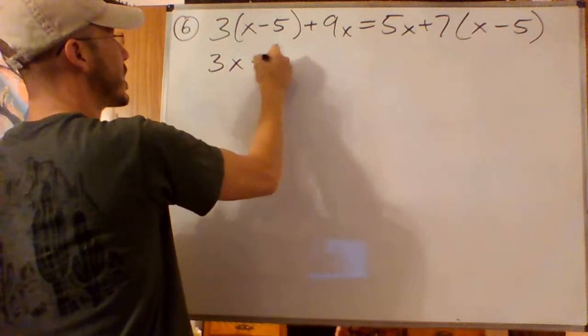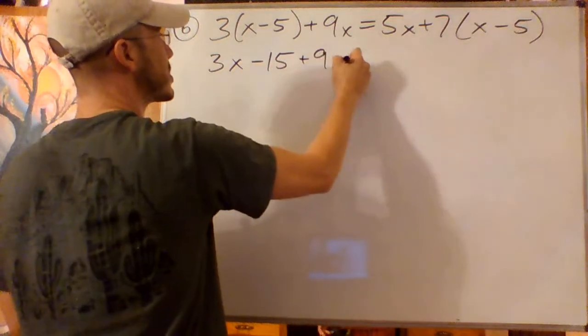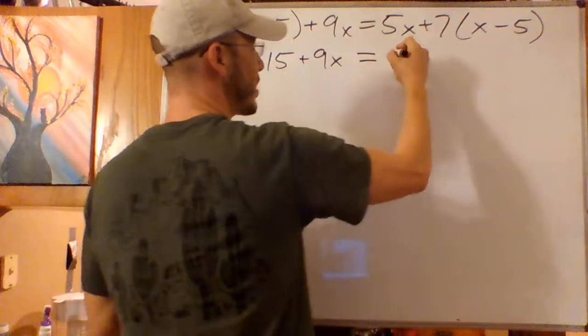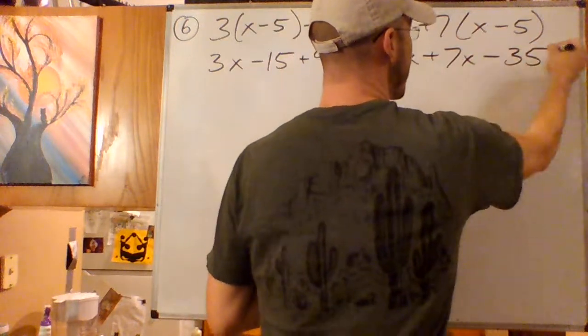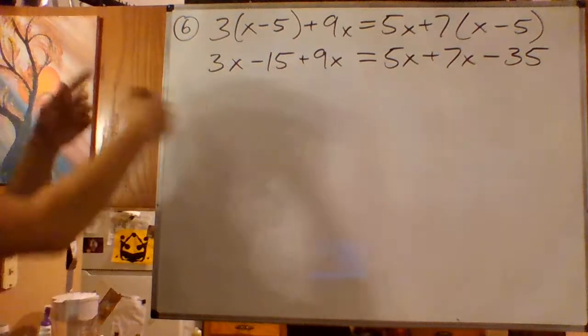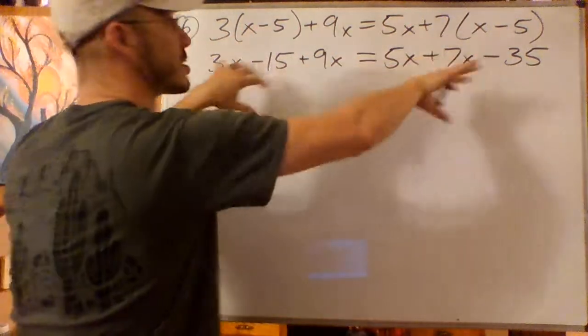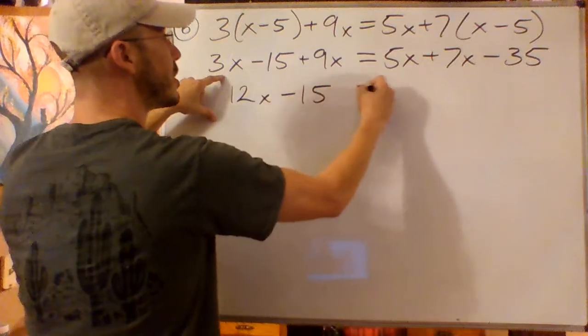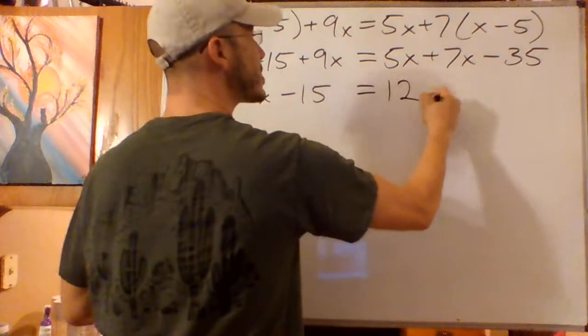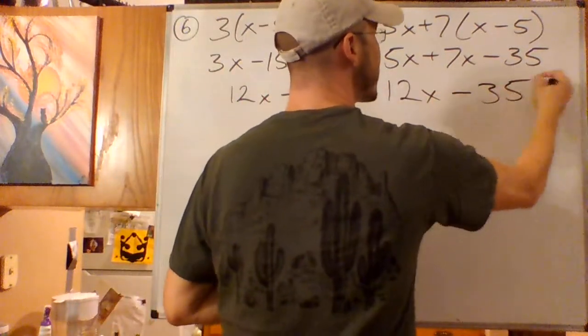If I distribute the 3x minus 15 plus 9x, and I distribute the 7 here, 5x plus 7x minus 35, I'm ready to combine like terms on each side separately. Here I've got 12x minus 15 and 12x minus 35.